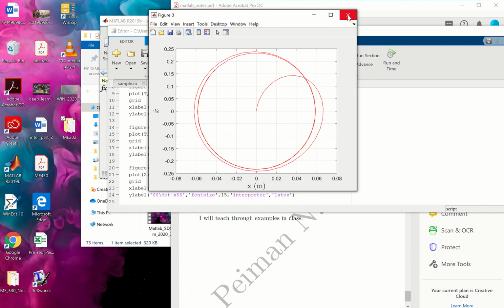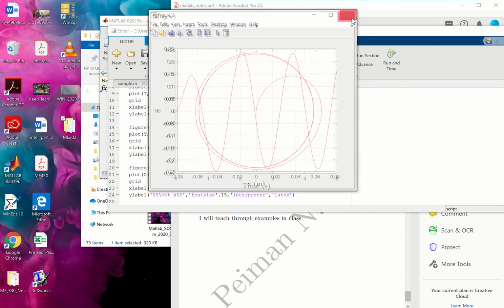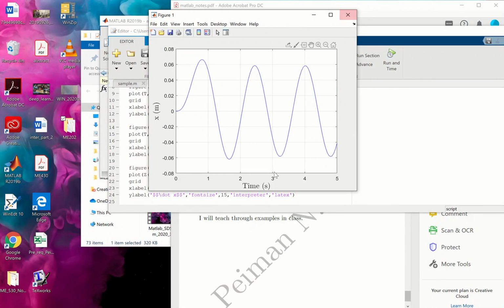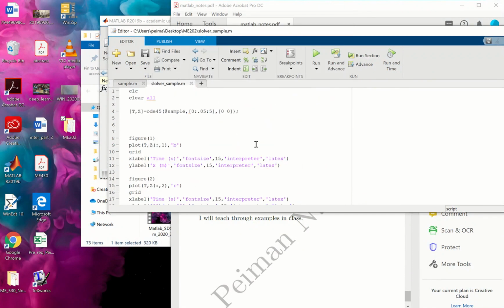This is a stable periodic motion, and you're going to learn eventually, if you go to grad school, limit cycle, chaotic dynamics, too many things. This is another type of plotting in MATLAB.